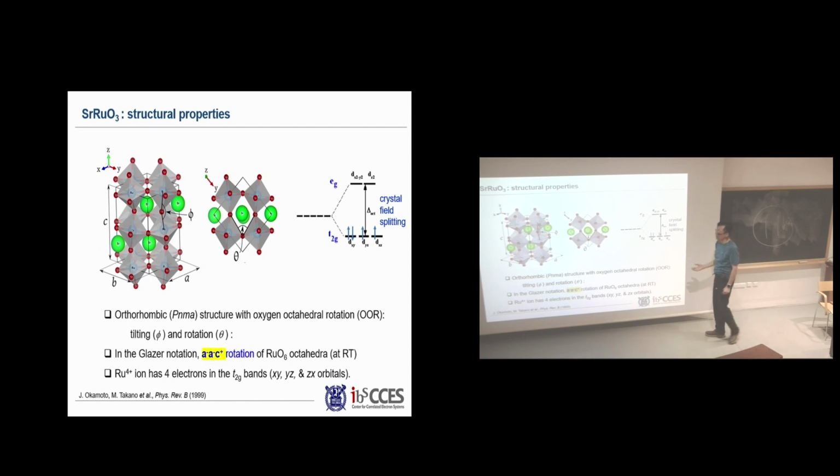Now, in strontium ruthenate, we have 4 electrons, so we have to fill the 4 electrons into these 5 orbitals. One of the easiest ways is to just put the 4 electrons in t2g. So that is the lowest energy state.